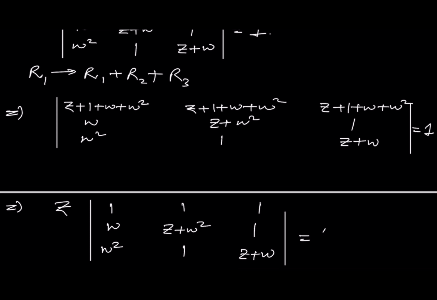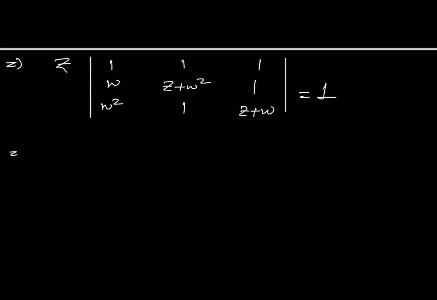Now again I am applying one more operation, in fact I am applying two operations, one in column 1 and the other in column 2. In column 1 I am making c1 minus c3 and in column 2 I am making c2 minus c3 simultaneously.